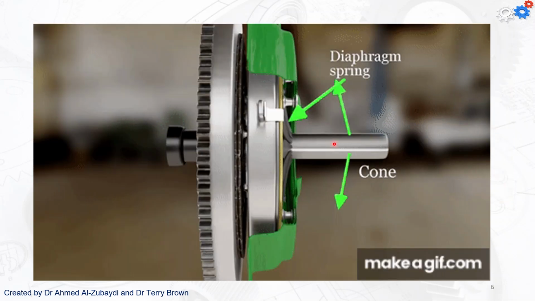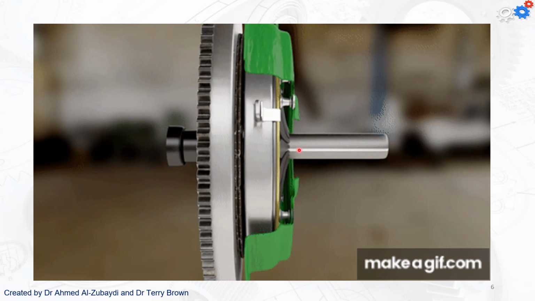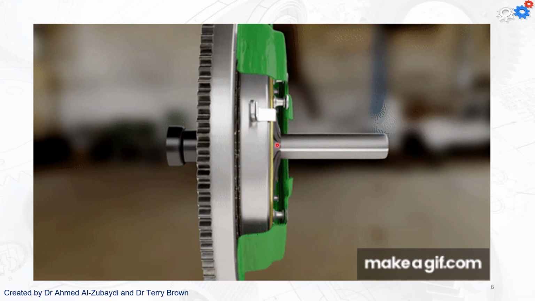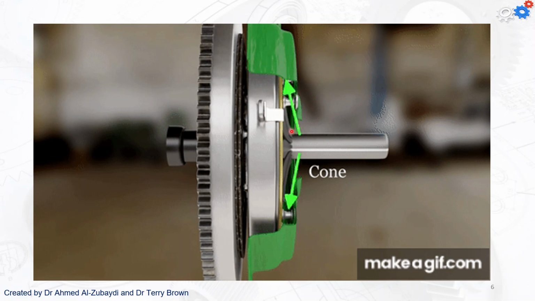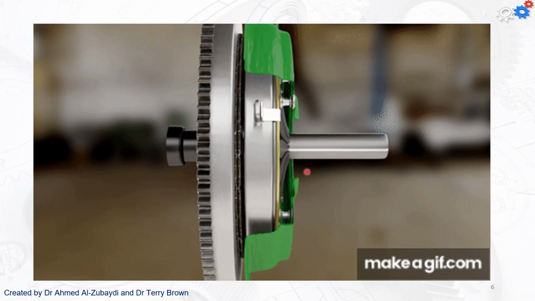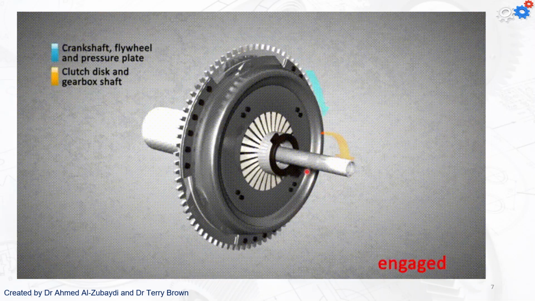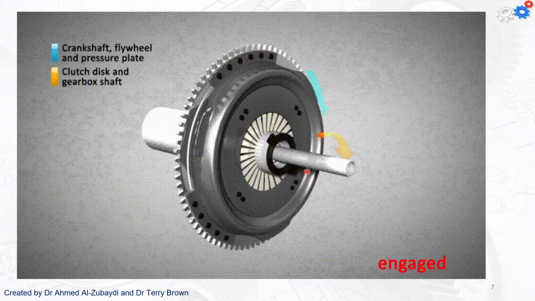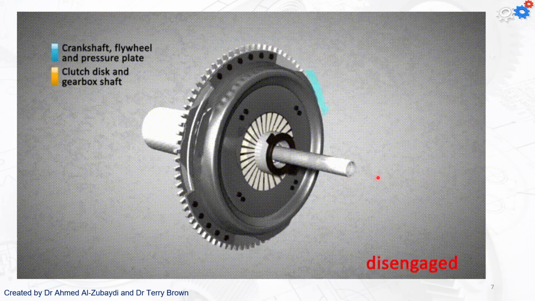All right, some more GIFs so you can see that happening as we press this in. These springs, or the diaphragm springs, deflect and pull the plate away from the clutch plate, so we have no transmission of torque from one to the other.